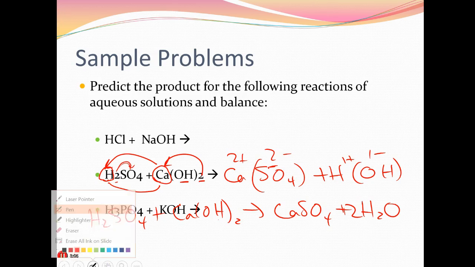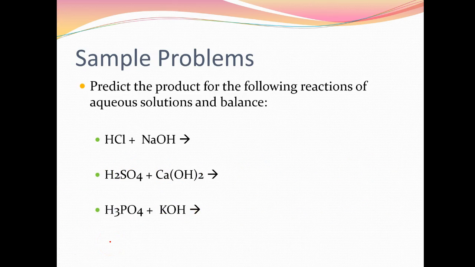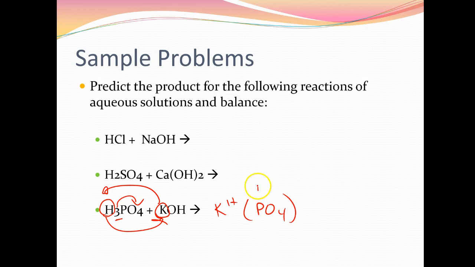Okay, one more. Again, this 3 does not belong to the hydrogen, it belongs to the phosphate. So what's going to trade is the H and the K. They're going to trade places. And you're going to have K1 plus with PO4, which has that 3 minus charge. Look it up on the back of the periodic table, or just pull it from here.